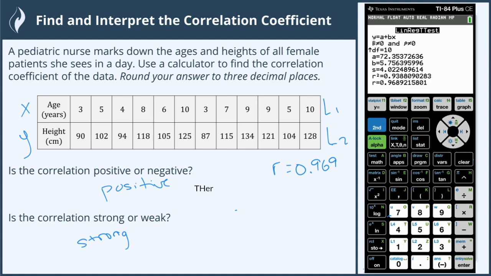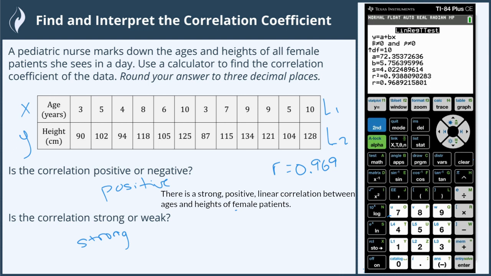So I would say, same thing that I did in the other video where I looked at the actual scatter plot, which kind of verifies this, there is a strong positive linear correlation between the ages and heights of female patients in this hospital, wherever this pediatric nurse is.